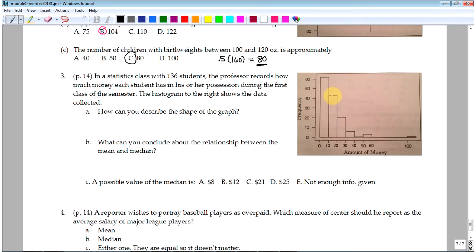Then somewhere around 45 students had between $10 and $20, and so on. How can you describe the shape of the graph? Well, this graph has a tail that seems to be going to the right. So this graph would be skewed right.